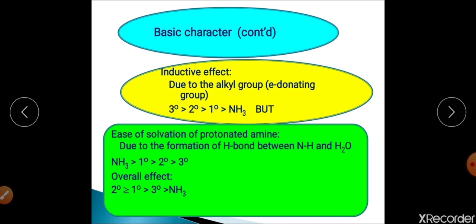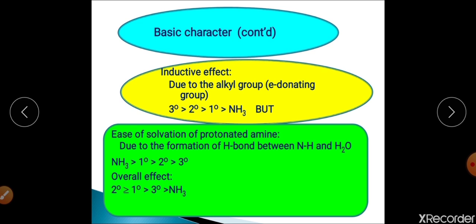We know that R groups are electron donating in nature. So when more R groups are attached to the nitrogen, they will release electrons and increase the electron density on the nitrogen. When they increase the electron density on the nitrogen, they will increase the basicity of that particular amine.